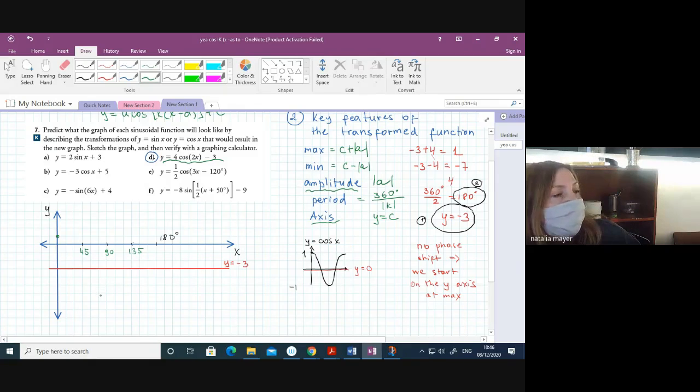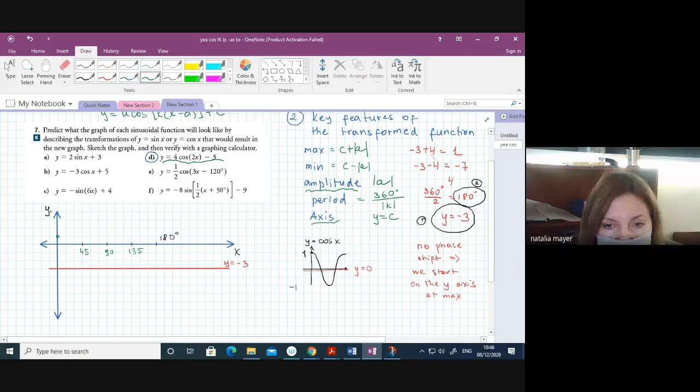Based on what we have been discussing so far, what are the coordinates of the next point? It's going to be at 45 and then -3. So this is the next point. Why -3?